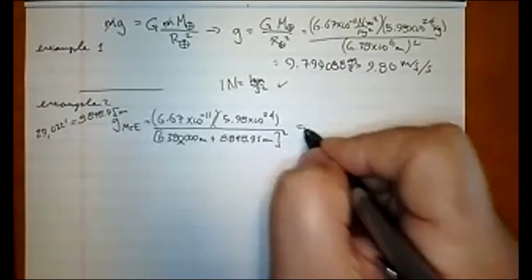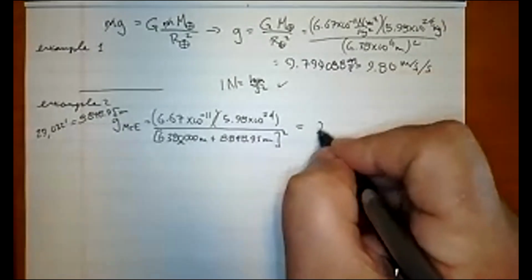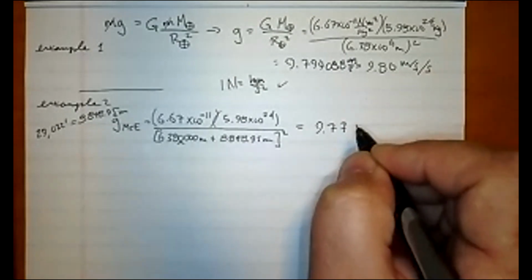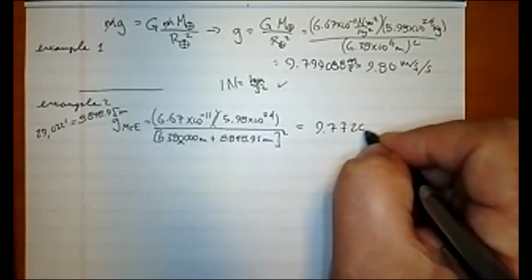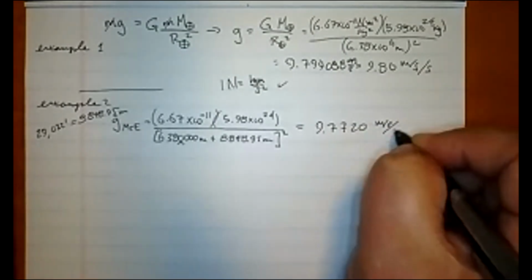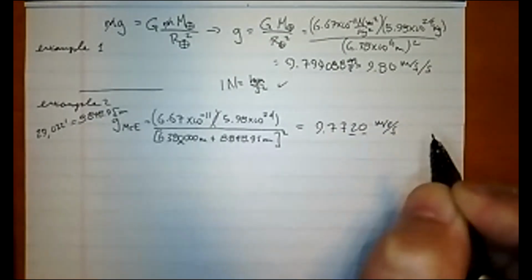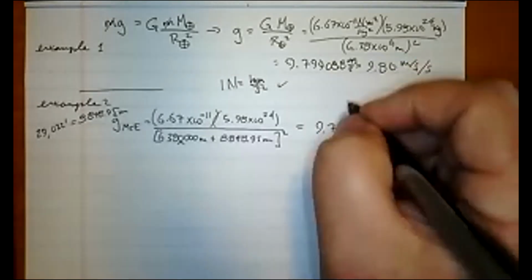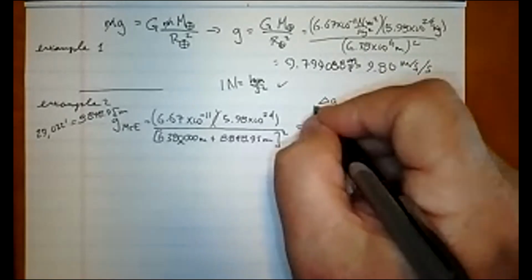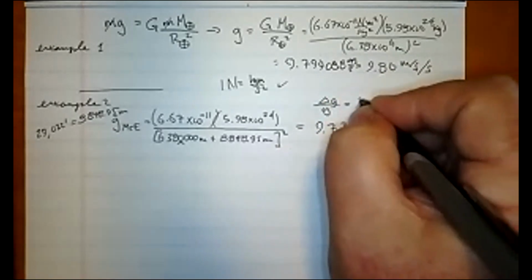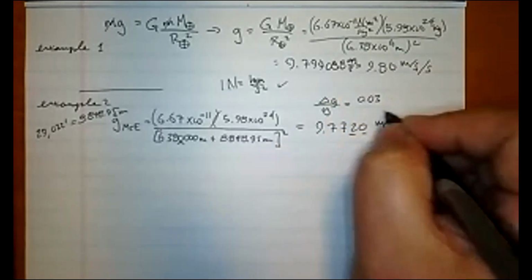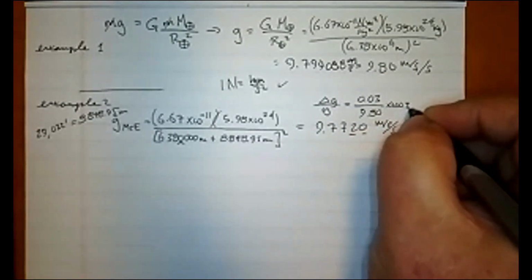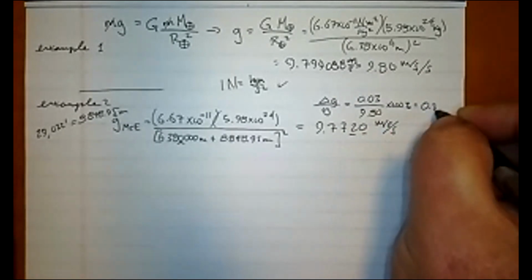So when I do this calculation, lo and behold, it turns out that I get 9.7720 meters per second every second. And these are extra sig figs. So I basically changed by the delta g over g is actually 0.03 over 9.80 times 100 for percent. That gives me about 0.3% difference.